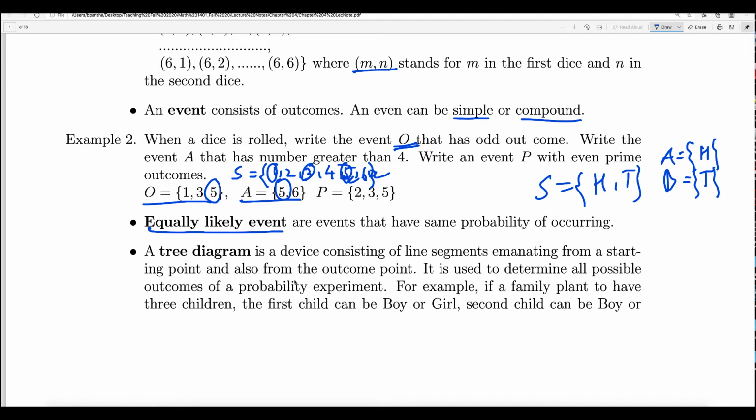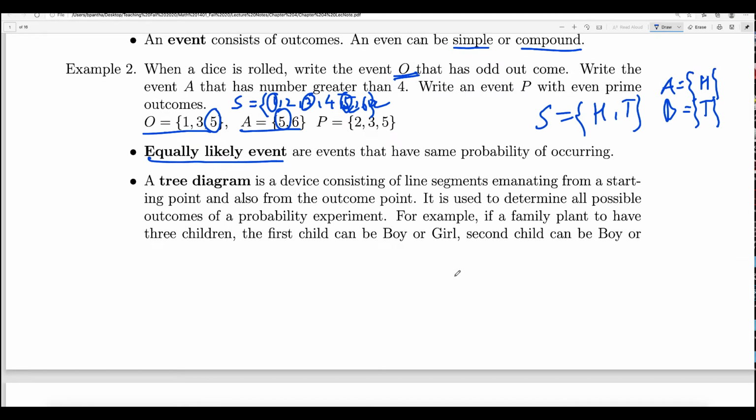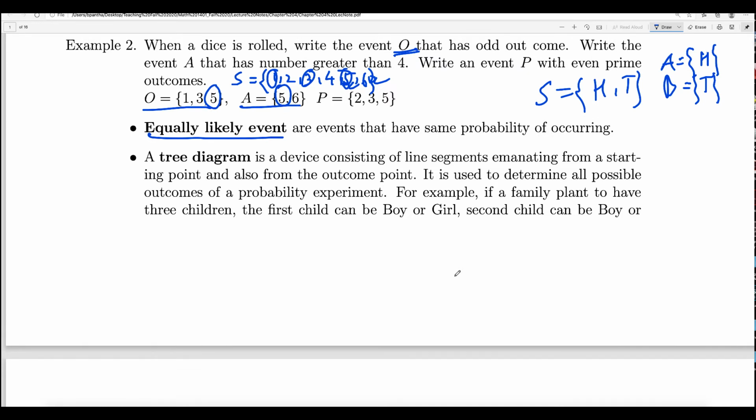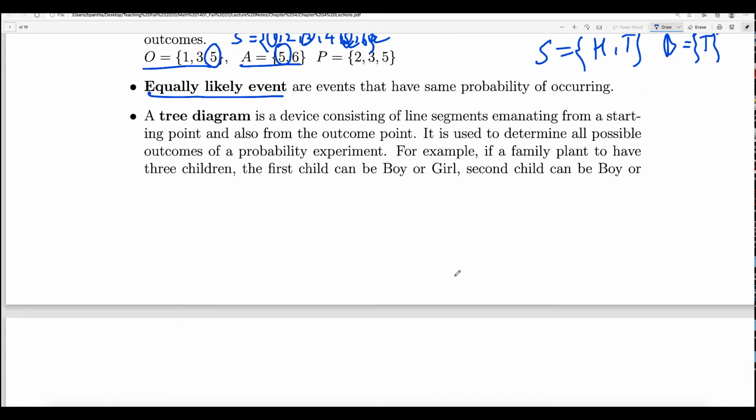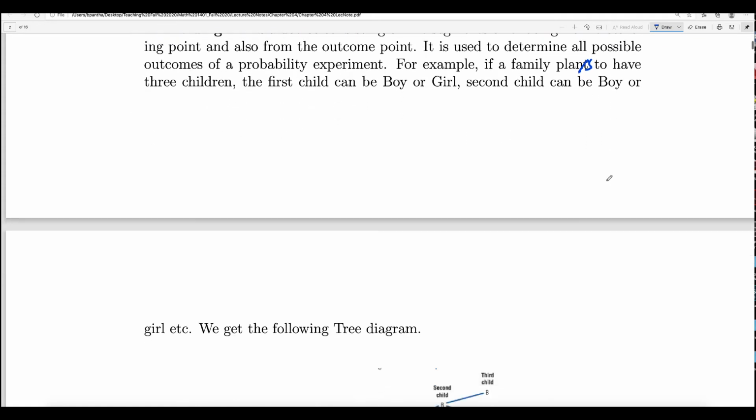Next is the tree diagram. It is a device consisting of line segments emanating from a starting point and also from each outcome point. It is used to determine all possible outcomes of a probability experiment. For example, if a family plans to have 3 children, and by the way, there is a typo there, the first child can be a boy or girl, the second child can be a boy or girl, and the third child can be a boy or girl.